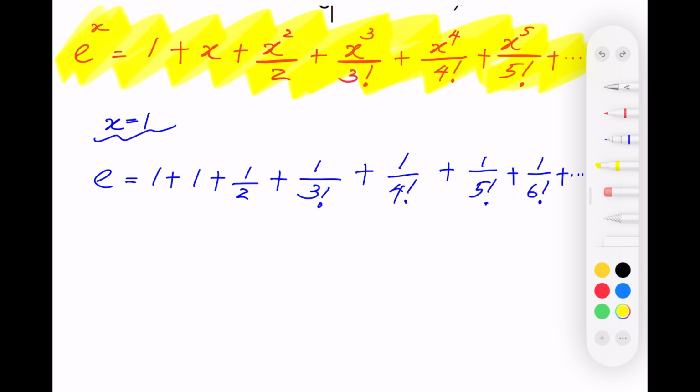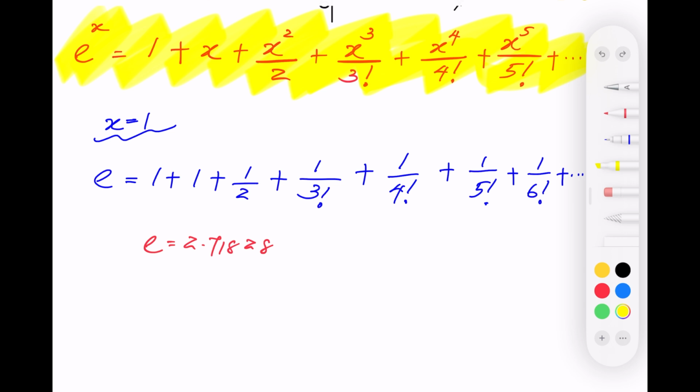If you use your calculator, you can see that the value of e is equal to 2.71828. In fact, if you look at the summation of these numbers written already, it'll be very close to 2.7. All right, now we will go on to the differentiation of the natural exponential function.